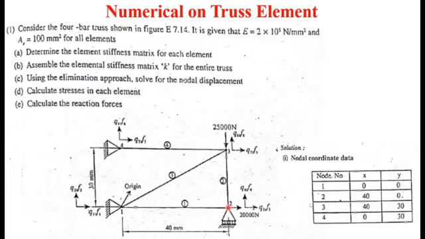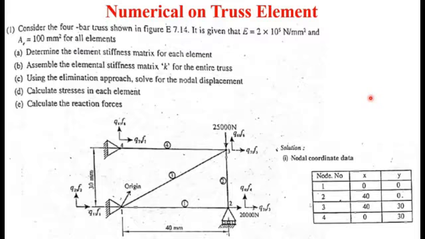For the second node, x is increased by 40 mm, so x equals 40 and y equals 0. For the third node, x equals 40 and y equals 30. For the fourth node, x equals 0 because it is on the y axis, and y equals 30.